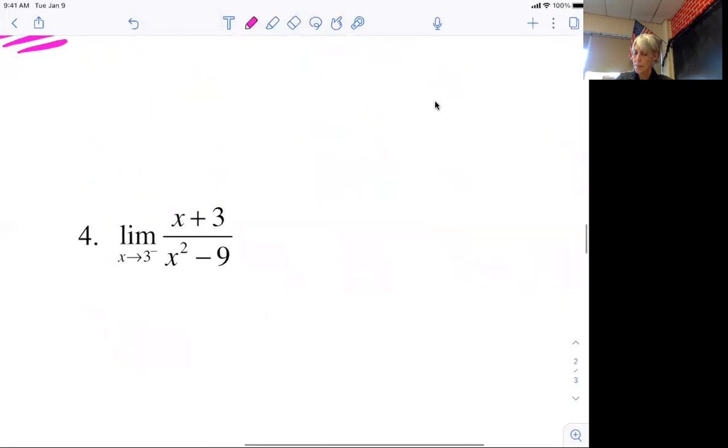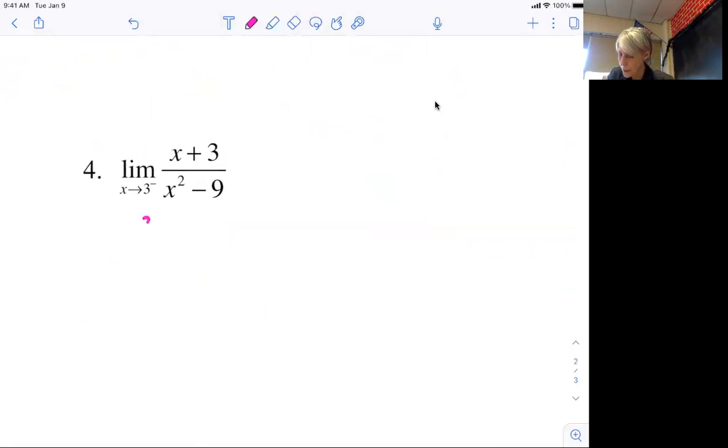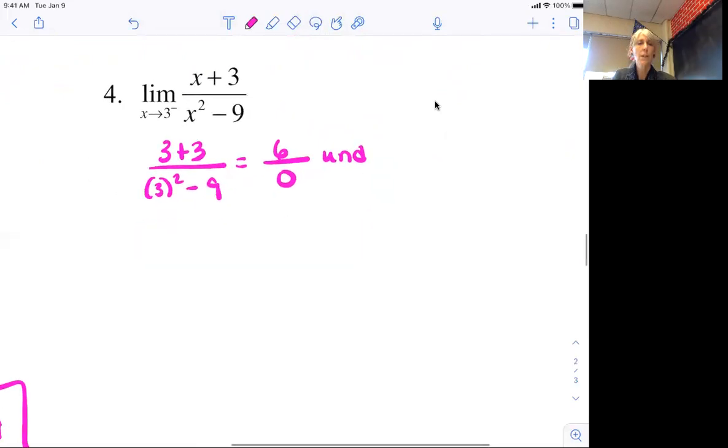Okay. The limit as x approaches 3 from the left. So all we're considering is 3 from the left. Start by plugging in 3. 3 plus 3, 6 over 0, undefined. Normal progression, factor, try again.